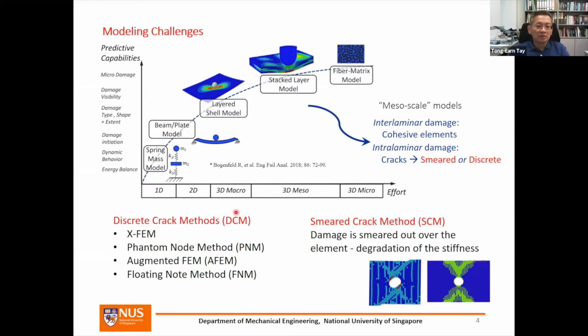And then on the other hand, you can appeal to a class of problems called discrete crack methods, of which XFEM, the phantom node method, the augmented finite element method, and then something that we developed together with Professor Pinho from Imperial, called the floating node method.